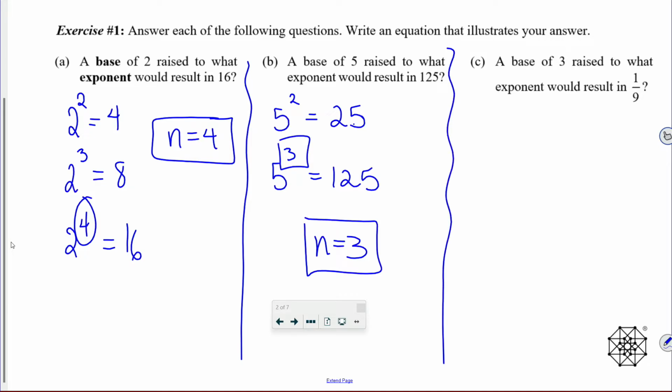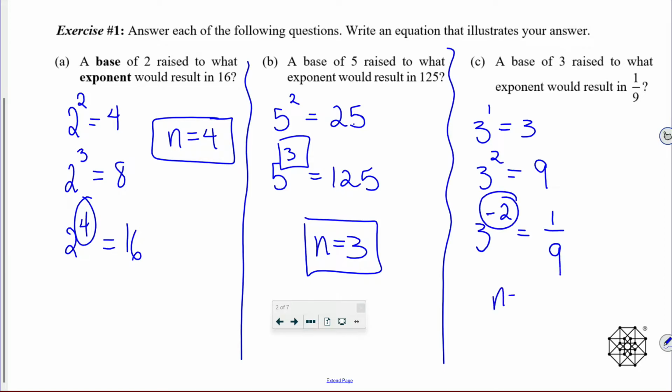Letter C, a base of 3 raised to what exponent would result in 1/9? Well, that's kind of weird. Obviously 3 to the first is 3, and 3 to the second is 9. Well, that means 3 to the negative 2 is 1/9. Therefore, the exponent we're looking for in this case is negative 2.